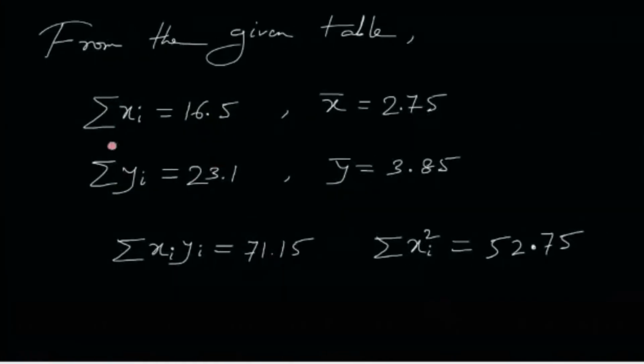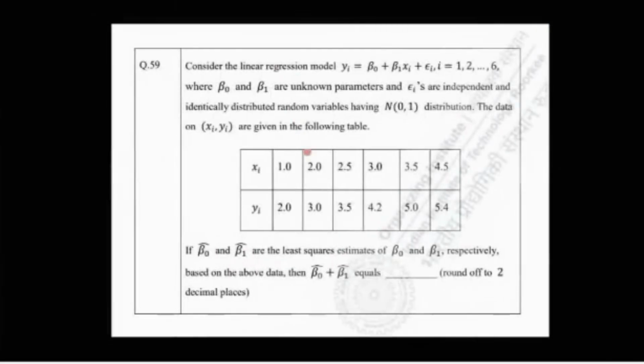So from the given table, we find these values. Summation xi is nothing but the sum of the values, and x bar is nothing but the average of these values of x, and summation yi is nothing but this sum. So x bar is summation xi divided by 6, and y bar is summation yi divided by 6.